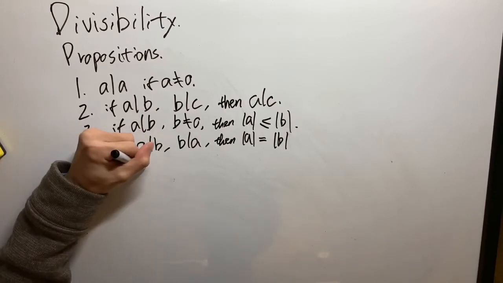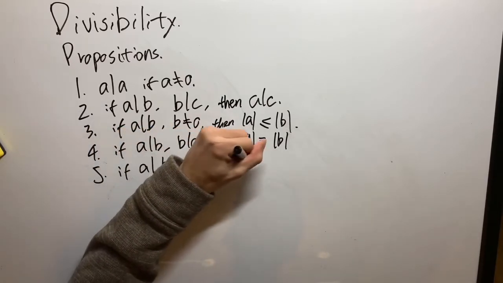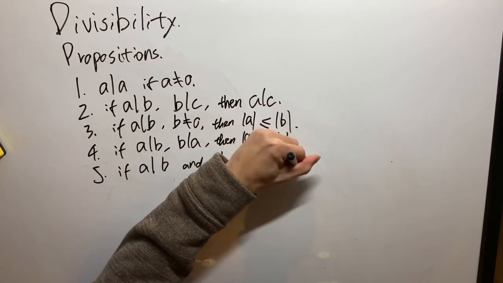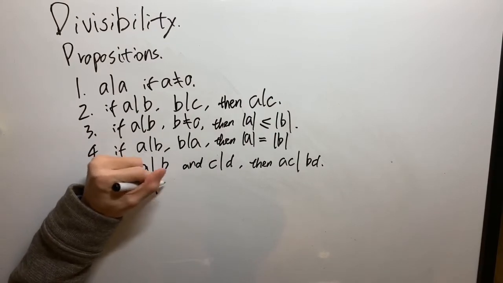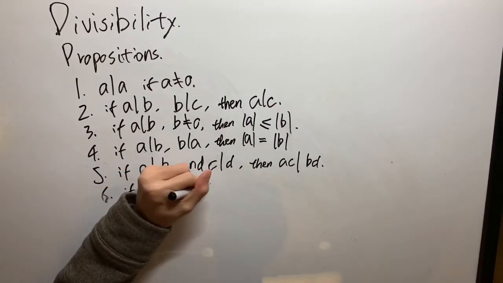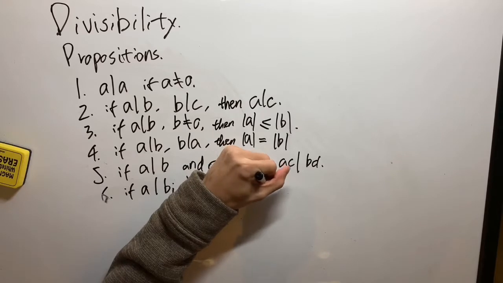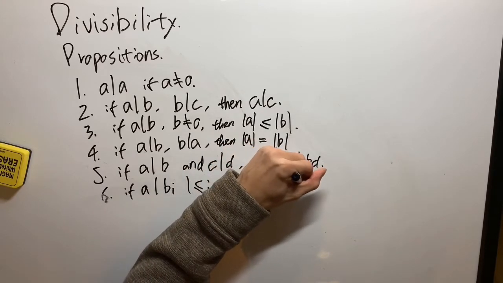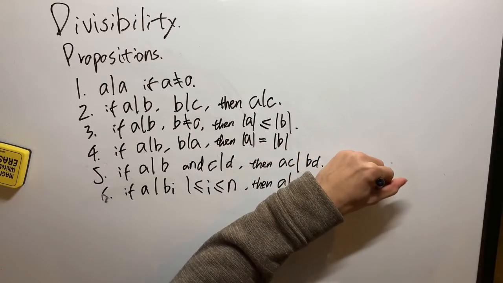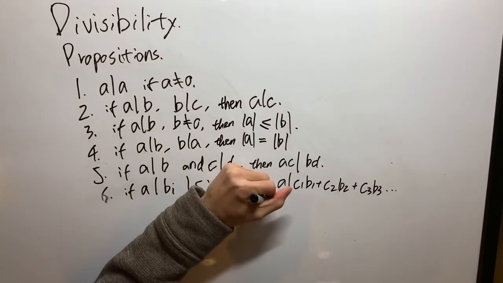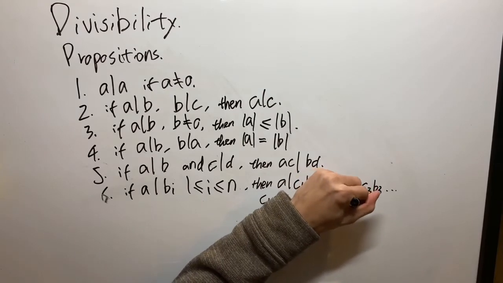Fifth, if a divides b and c divides d, then ac divides bd. Six, if a divides b_i for i from 1 to n, then a divides c1 b1 plus c2 b2 plus c3 b3 and so on, where c1, c2 and so on can be any numbers.